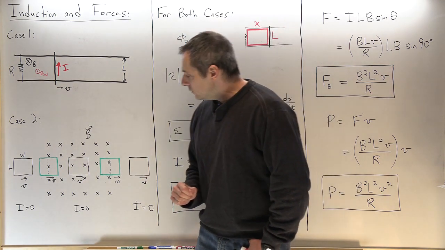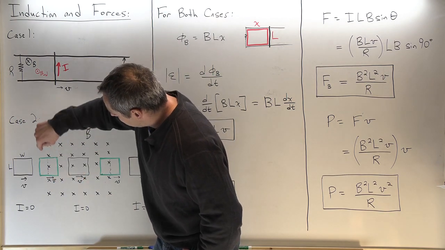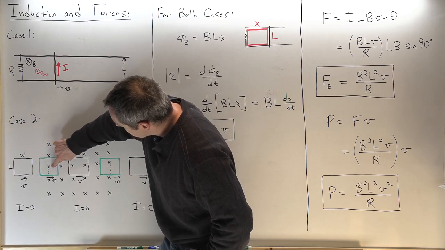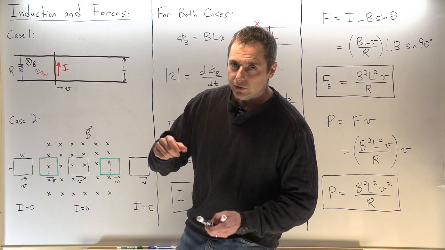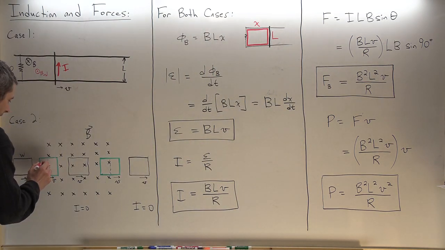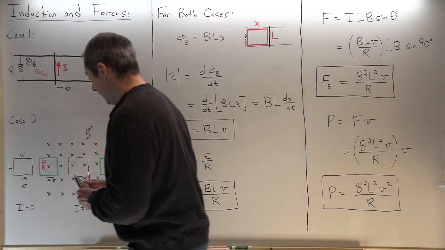All right, here's what you should have done. You should have said, we've got more and more magnetic flux going into the board, because as the loop goes in this way, it's going to capture more of that magnetic field inside the loop. So to oppose that, we've got to have B induced coming out of the board. I'll just put BI for induced, because it's kind of tight there.